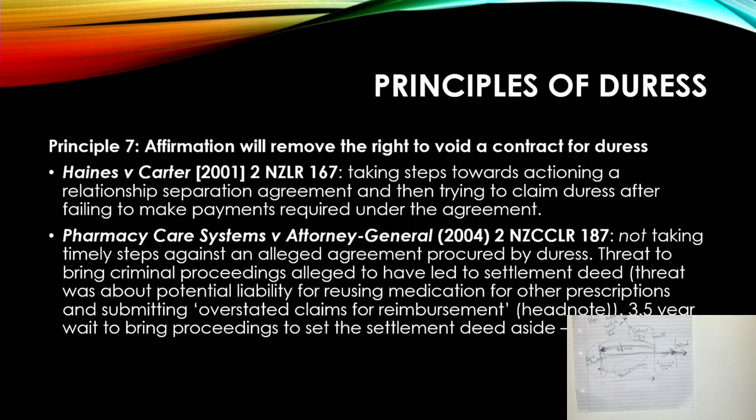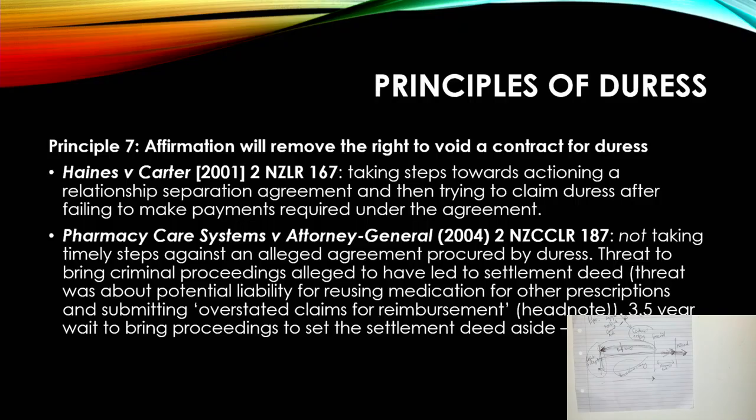Now, Pharmacy Care involved a threat of criminal proceedings by a government agency, I believe, or the prosecutor's office, on the basis of a failure to comply with some medicine requirements, right?